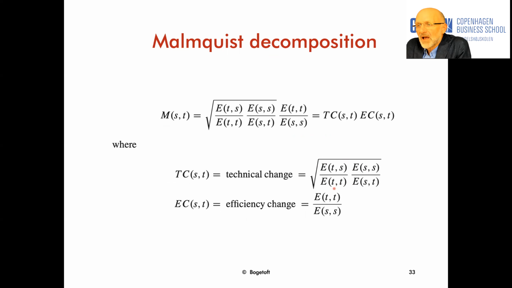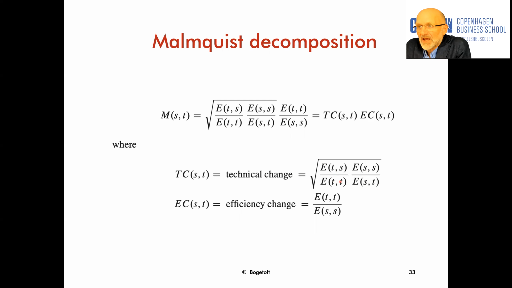basically, I'm looking at my performance at time t, and so what happens if this ratio here is larger than 1? That means that this one here is larger than this one here. So it means that my performance is looking better when compared to the S technology than compared to the T technology.